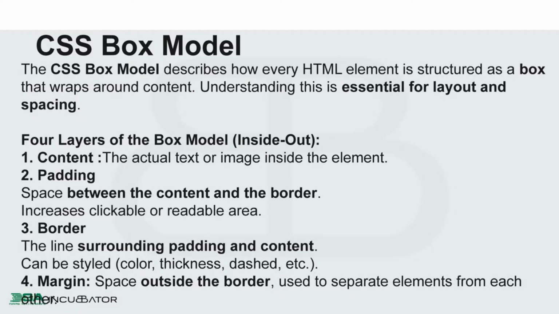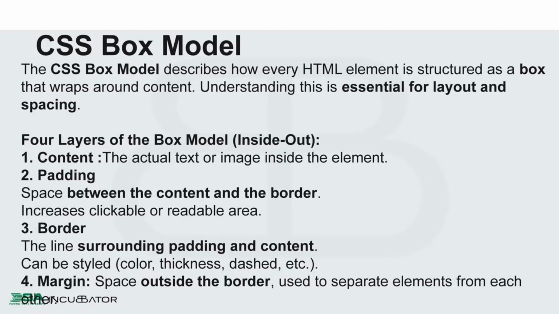We'll be talking on the CSS box model. I'll be doing a live demo on this a bit. The CSS box model describes how every HTML element is structured as a box that wraps content. Understanding this is essential for layout and spacing. There are four layers of the box model.